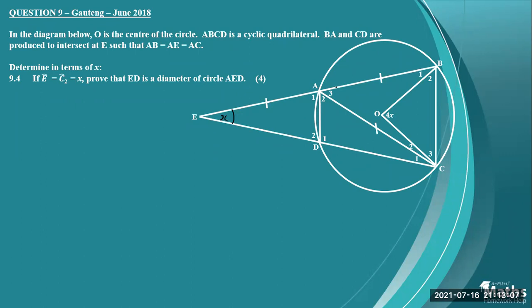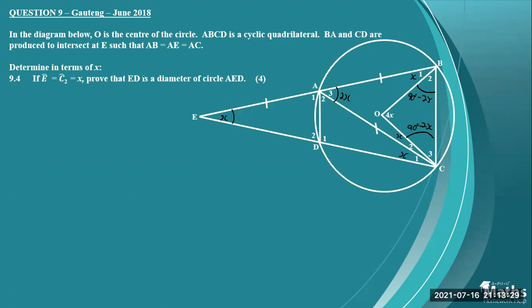So I'll show you now when is something a diameter. I'm just filling in everything that we already worked out. This one was 90 degrees minus 2x. This was the x. This was 90 minus 2x, and that was the x.